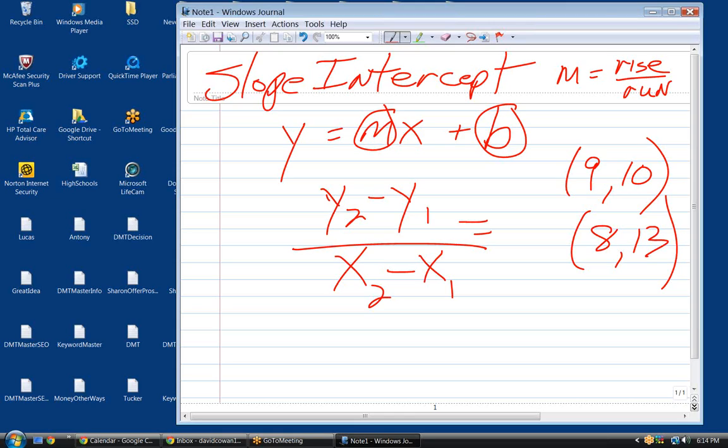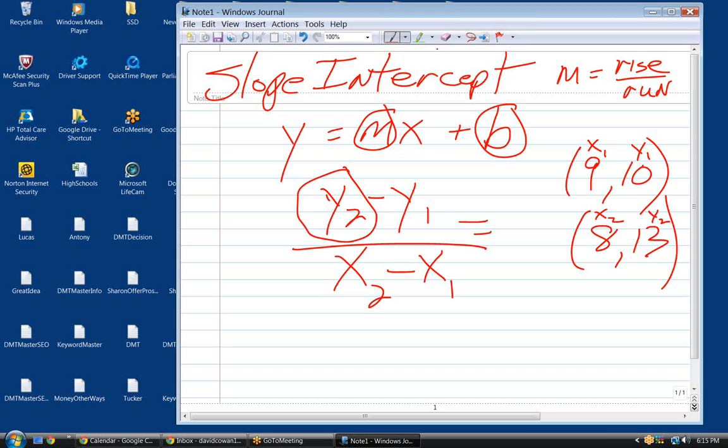This point right here is y sub 1 and x sub 1, and this is y sub 2 and x sub 2.